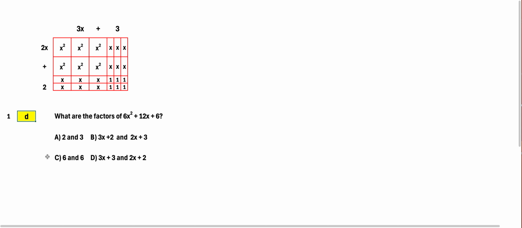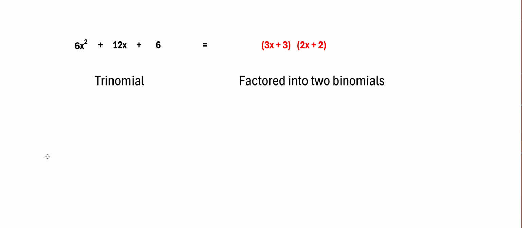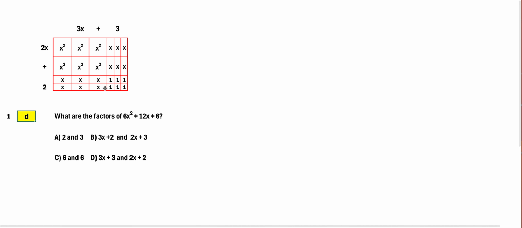Okay, so let's go on. And there's your trinomial. And going back just one, you can see these are the factors. The factors are numbers you multiply, in this case, to get the area. So the numbers you multiply are 3X plus 3 multiplied by 2X plus 2.